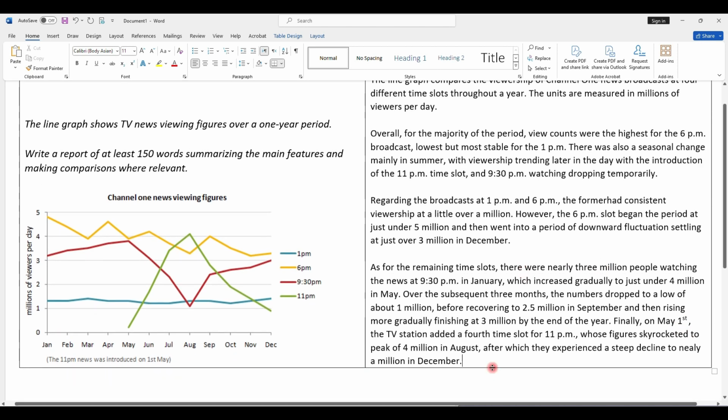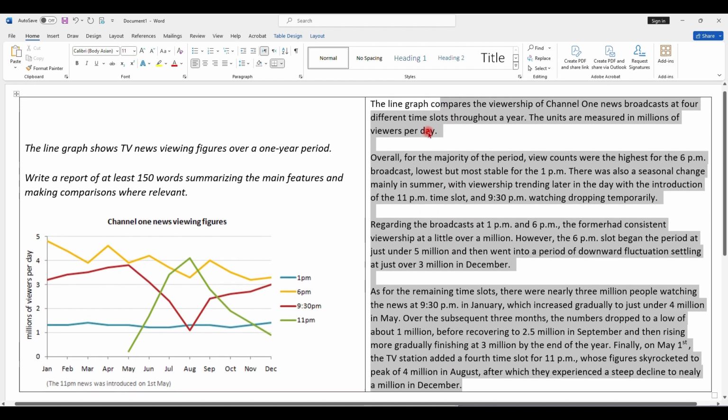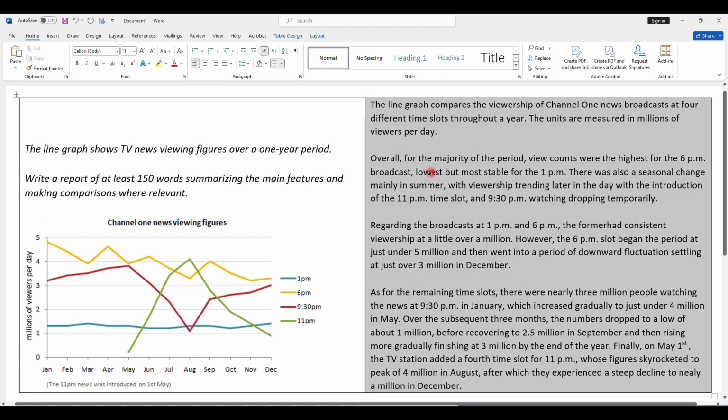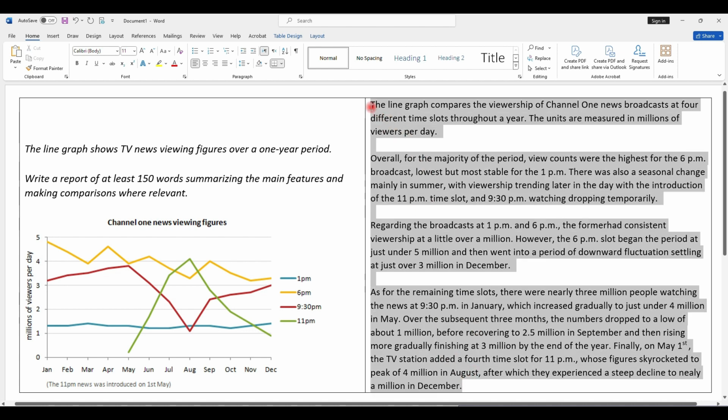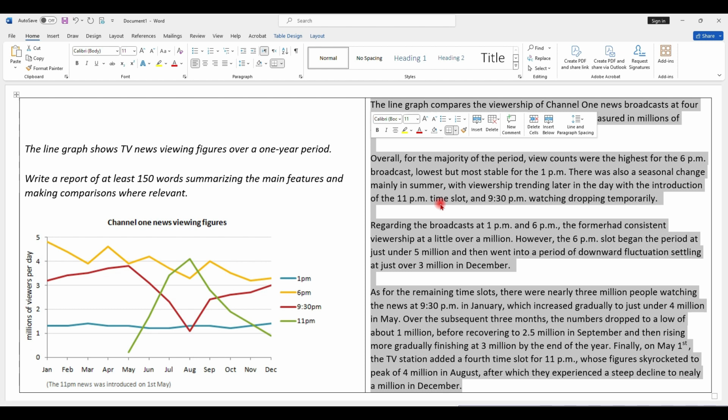All right, the word count. The word count is 240, which is a nice word count if you are aiming for a high band score. Well, the minimum recommended number is 150.